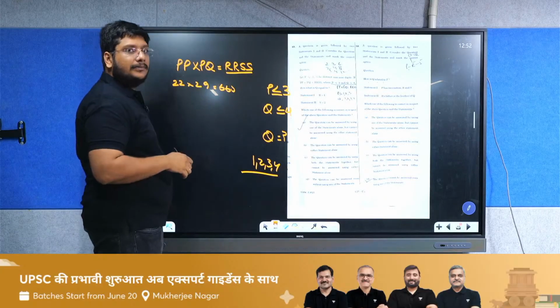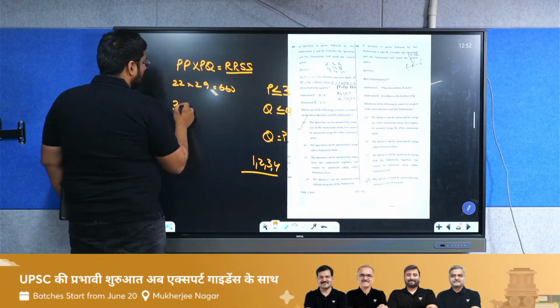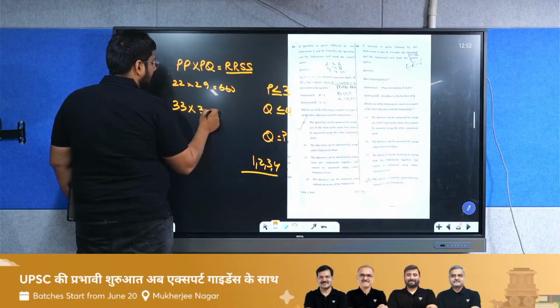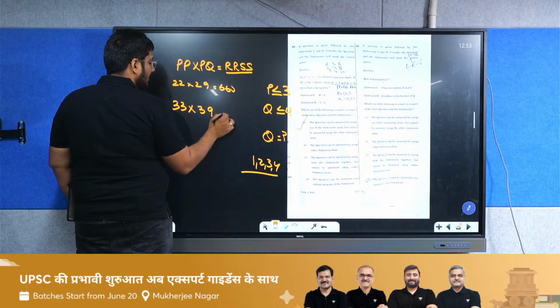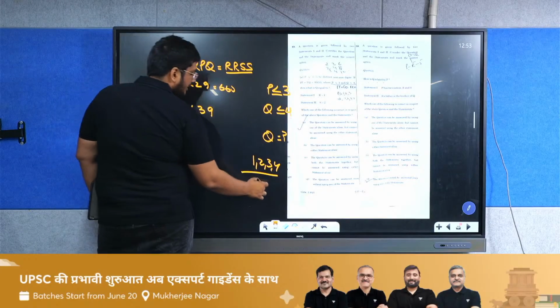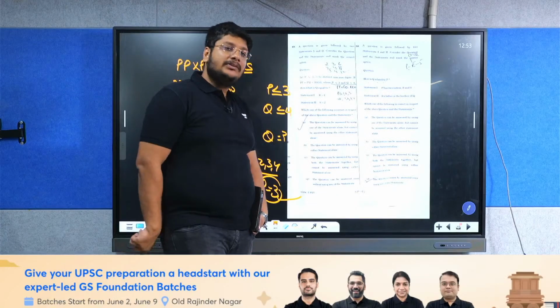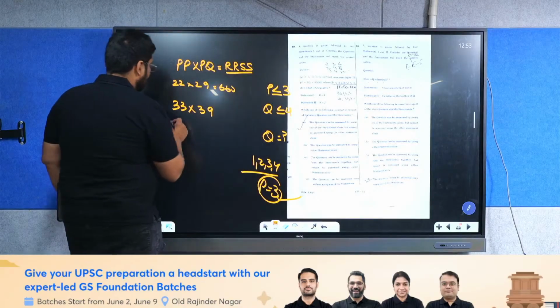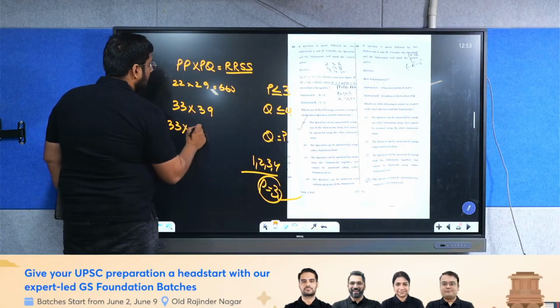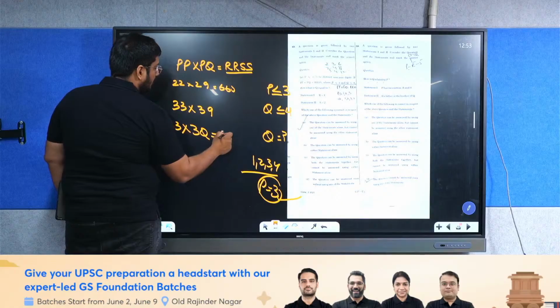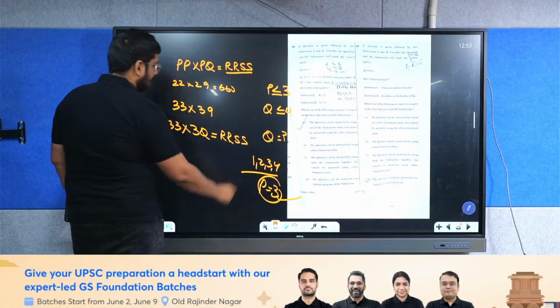Even 2 is not possible. 33 into 39, and 33 into 40 is 1320. Possible. That means P has to be 3. Then 33 into 3Q is equal to RRSS.